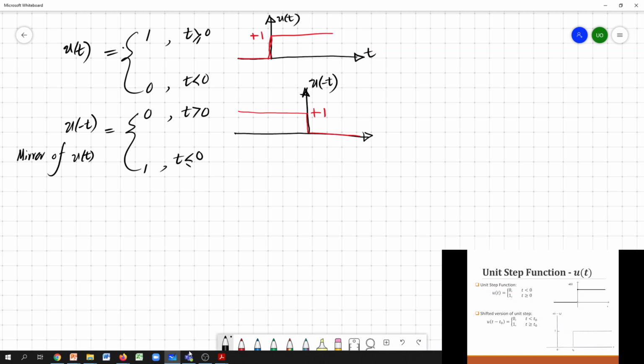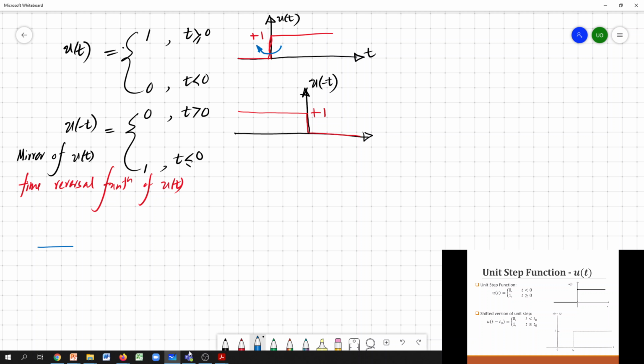This u(minus t) is the time reversal function. In some textbooks it may be referred to as the time reversal function of u(t). You basically take the mirror over the vertical axis, and then you can easily get the mirror function, or the time reversal function.